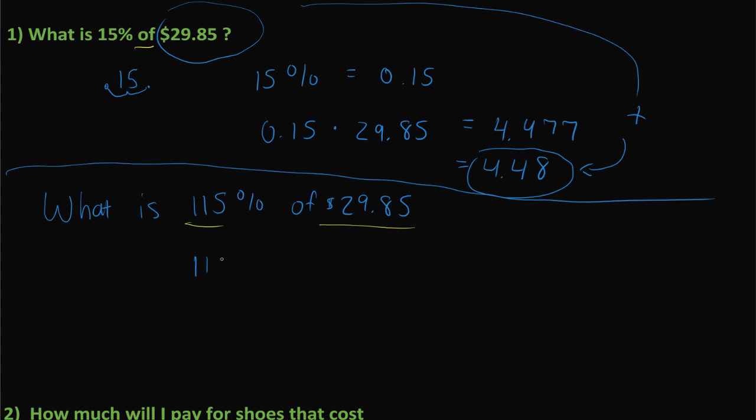Okay, so 115 becomes 1.15 times 29.85 is 34.327. But again, you may want to round to the nearest cent or the nearest penny. So 34.33 is how much you would pay.